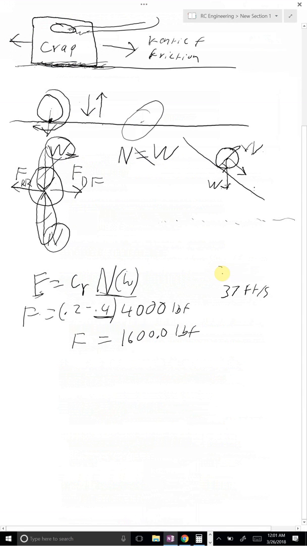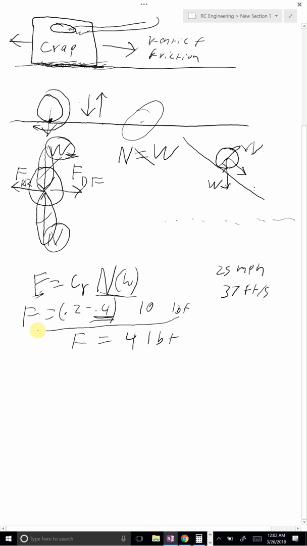That's 25 miles an hour. Okay, so let's change this. 4,000, let's say it's 10 pounds. 10 pound force. That's 4 pound force. Because this is unit. So this basically is added over there.